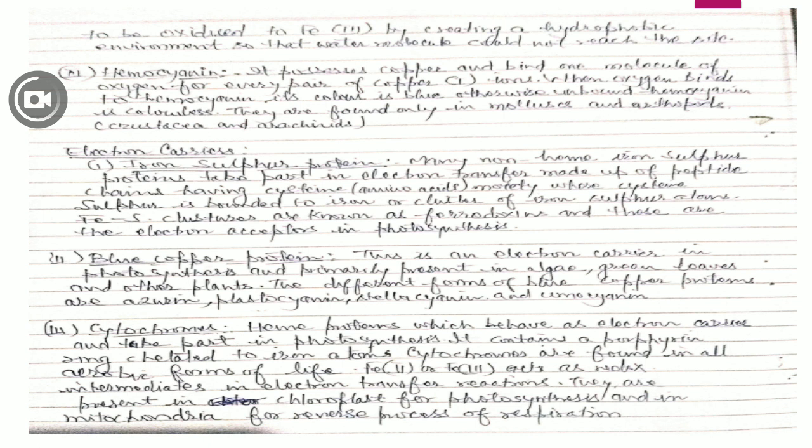And some metal ions which we will discuss here are used as electron carriers. As we know, several biological processes involve metabolic reactions, and these reactions can be explained on the basis of electron transfer processes.